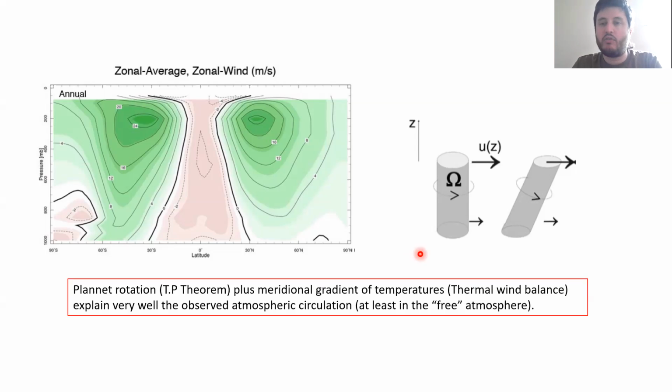So we can think of the large scale flow as columns of air that have some rigidity due to the fact that the planet is rotating, but tilted, because the velocity close to the surface is smaller than farther above, because we have meridional differential heating. So we have just seen two very important constraints on the large scale flow motion, which are rotation and differential heating.